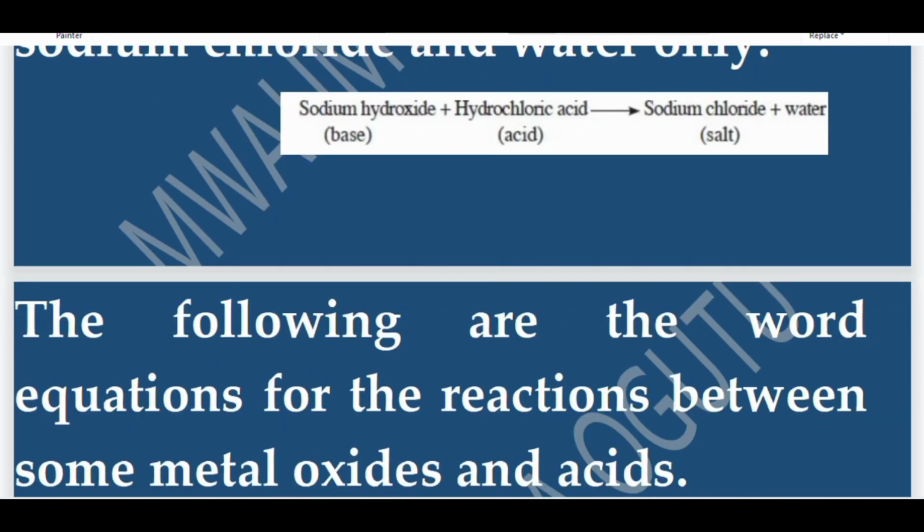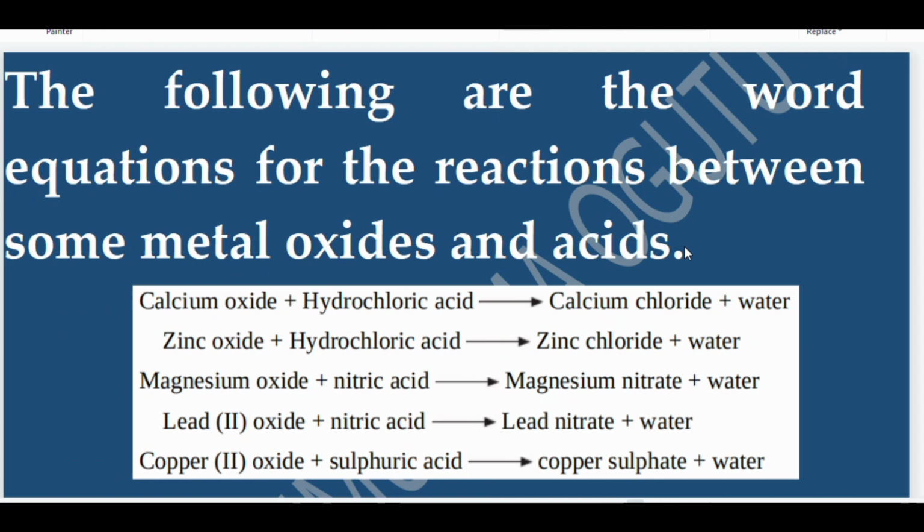The following are the word equations. These are some of the reactions between metal oxides and acids. Remember, metal oxides are bases. Calcium oxide and hydrochloric acid form a salt, calcium chloride, and water.